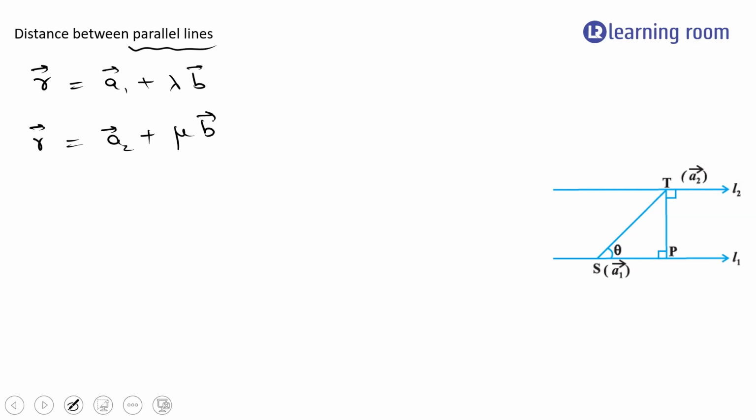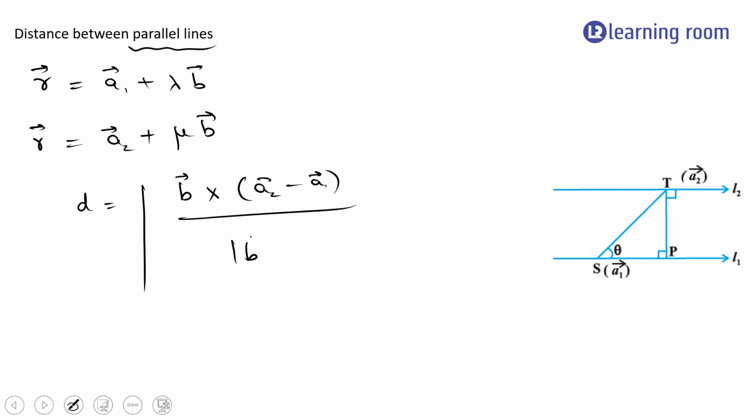So when you have a set of two parallel lines, the distance between them is given as magnitude of B vector cross A2 vector minus A1 vector, the whole divided by magnitude of B vector. And this is the distance between two given parallel lines.